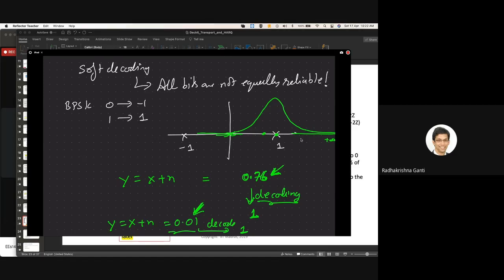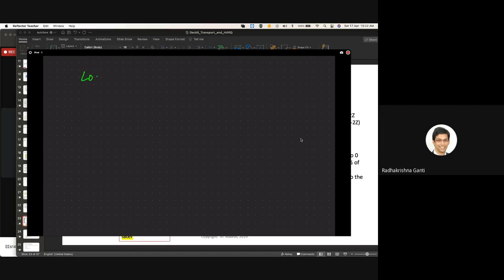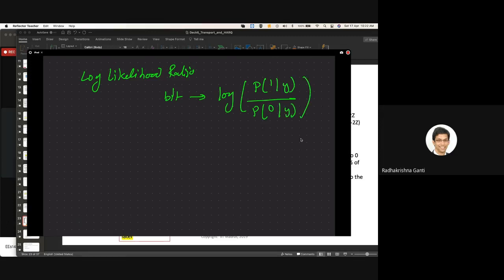These are called log likelihood ratios. For every bit, you compute the logarithm of the probability that it's a 1 given whatever you have observed, over the probability that it's a 0 given whatever you have observed. This is called the LLR for that bit.